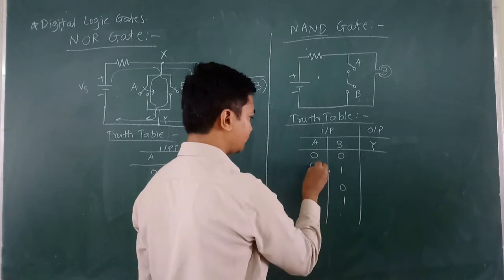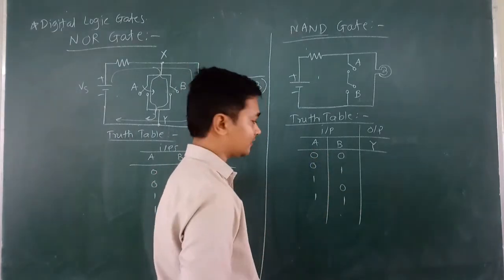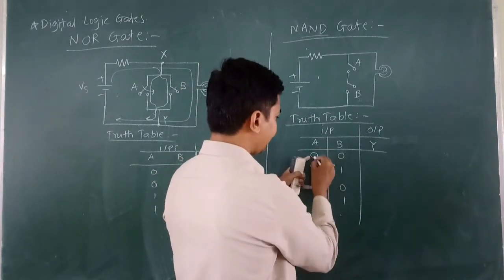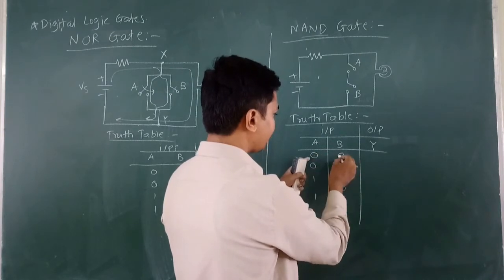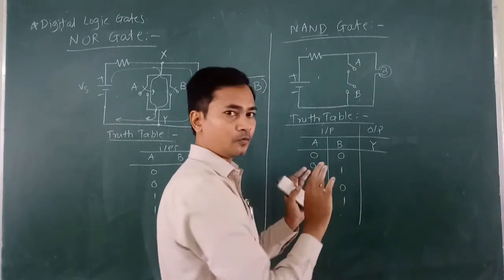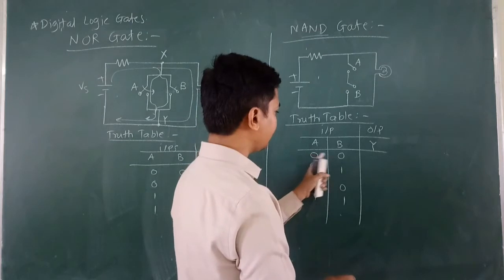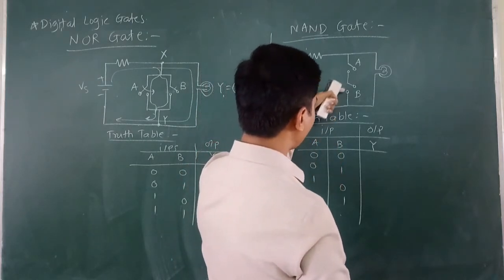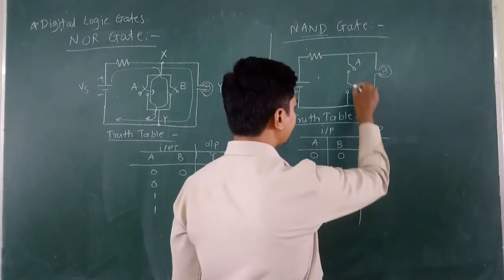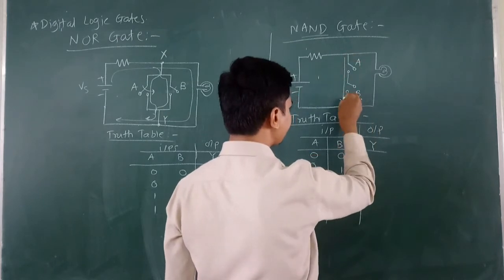Then 2 times 0, 2 times 1. Now, if input A and B are 0, 0, 0 means what? Switch is open, switch is not pressed. So 0, 0 means what? Switches are open. So here the current cannot flow through the switches.